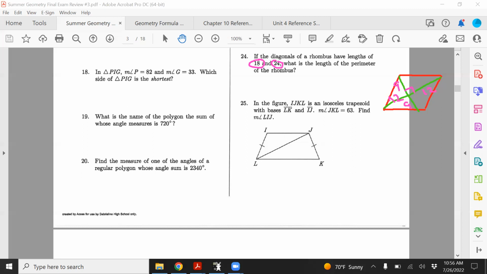That's what they do. And then the right angles, Pythagorean theorem. I'll call this a C. 9 squared plus 12 squared equals C squared. You're going to get 15 if you work it out. So the perimeter is going to be 15 times 4, or 60.